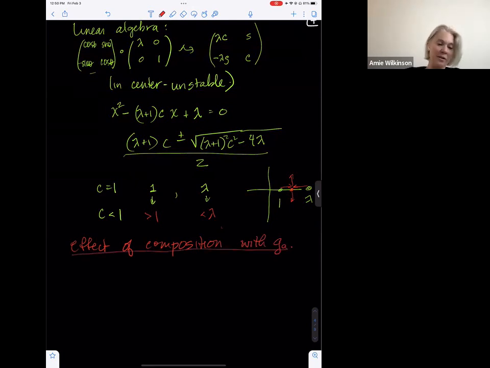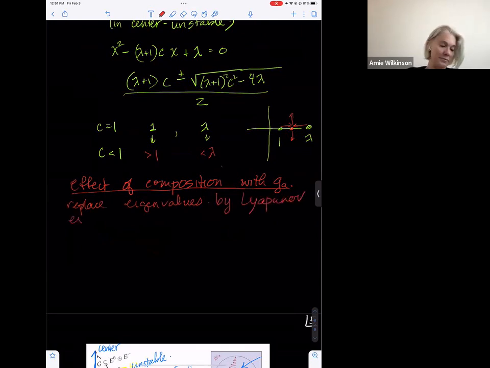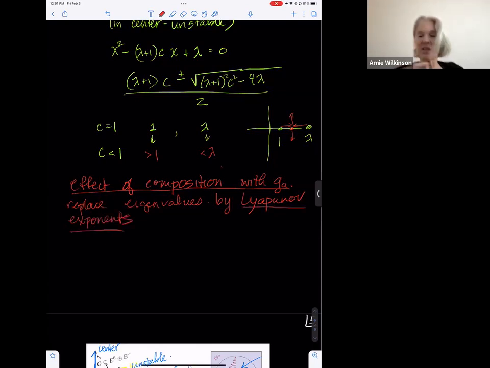Basically, I'm going to replace eigenvalues by something called Lyapunov exponents, because that's a global thing that you can measure when you're looking at what's called a volume preserving dynamical system. And what are these Lyapunov exponents?